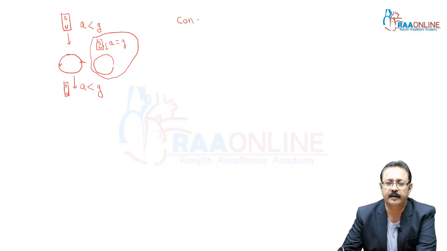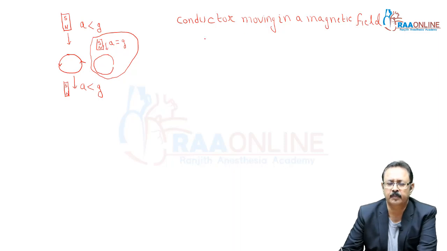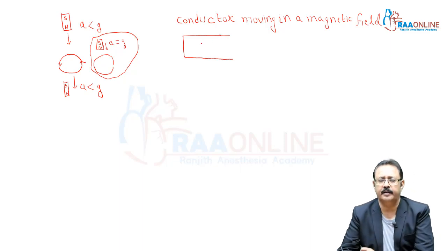A conductor moving in a magnetic field. Suppose I have a metallic U-type structure, and the plane of this structure is the plane of paper.